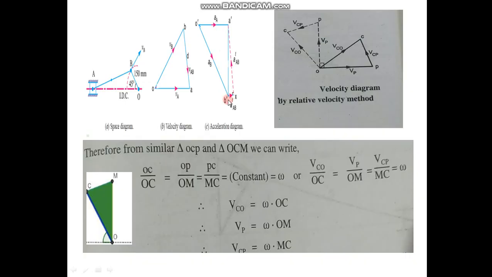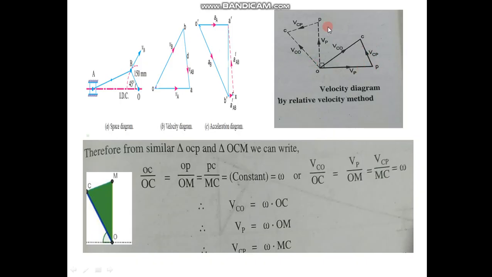If I solve this problem of the slider crank mechanism by the relative velocity method, this is the velocity polygon, this is the acceleration polygon, and I draw this polygon here. In this velocity polygon OCP, vector OC represents the velocity of the crank, CP represents the velocity of the connecting rod, while OP represents the velocity of the piston.